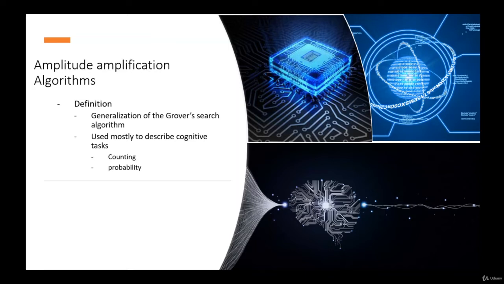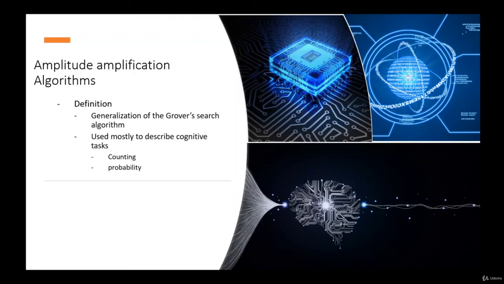Basically this algorithm works by allowing the amplification of a certain subspace of a quantum state. Usually the application of this algorithm will lead to an increase in the speed of problem solving if we compare it to classical algorithms.